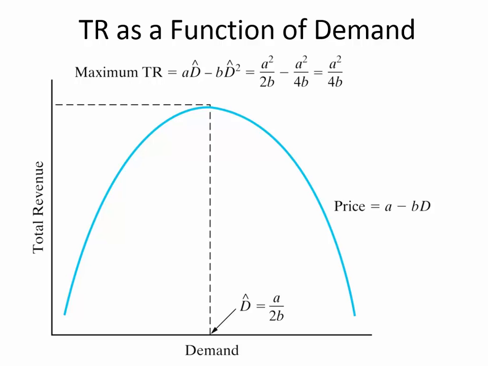They're related, but not the same. So write a little note to yourself in the margins: maximum profit is really what you're after, and it's not common for those two things to be at the same level of demand. D hat is merely the demand that maximizes your revenue.